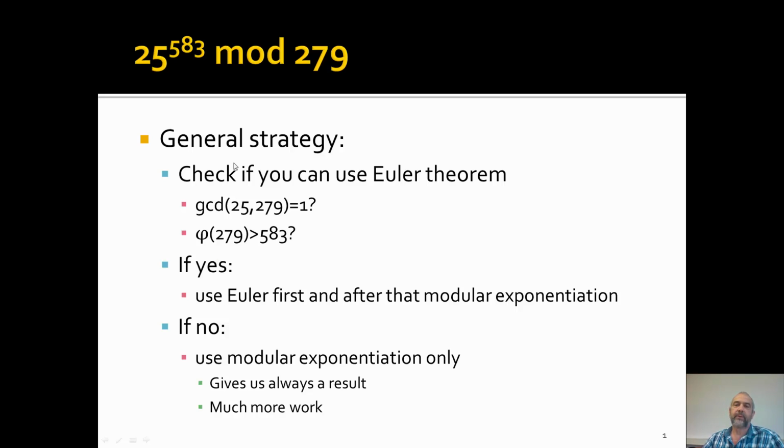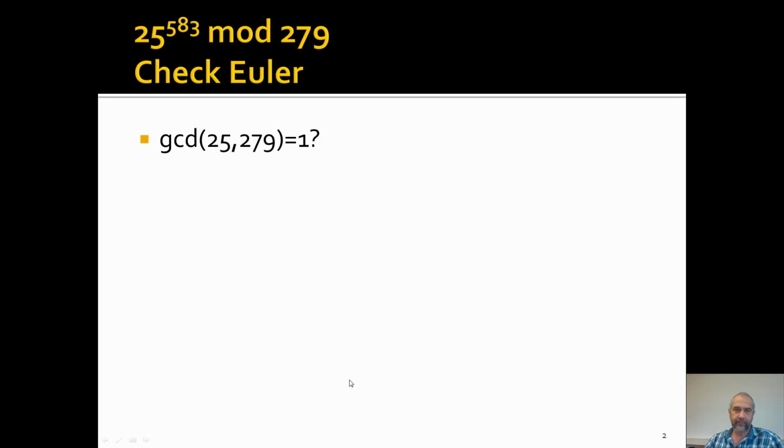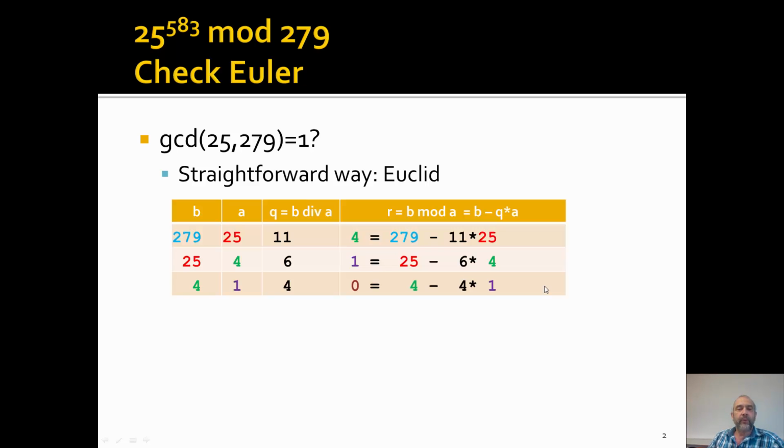That's why we want to try to use the Euler theorem first, and then the modular exponentiation. In this case, we have to check whether the greatest common divisor of 25 and 279 is 1 using Euclid. We do that with a table as before, so you know how it works.